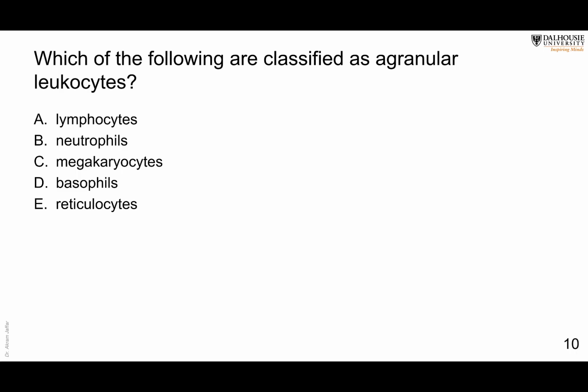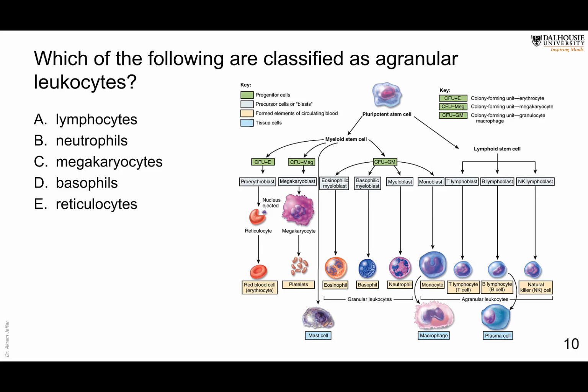So the granular leukocytes, their granules either stain with acidic dyes, and they are called eosinophils, or with basic dyes, and they are called basophils, or their granules are neutral, so they are called neutrophils. So all of these, the eosinophil, basophil, and neutrophil, are granular leukocytes.